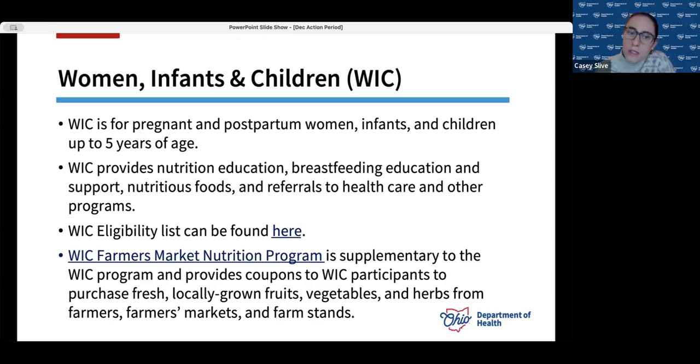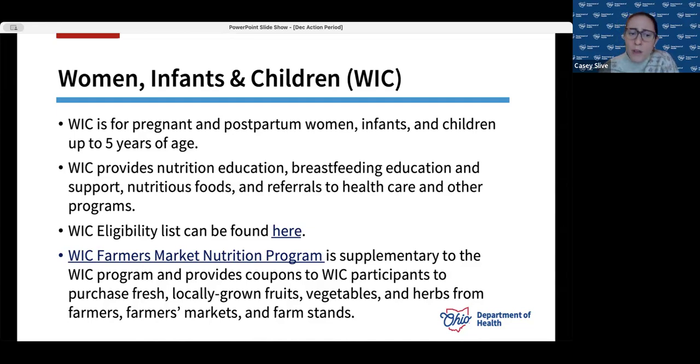They need to be residents of the state of Ohio. They need to be determined by a health professional to be at medical or nutritional risk, and then meet income guidelines, at 185% of the federal poverty income guidelines.